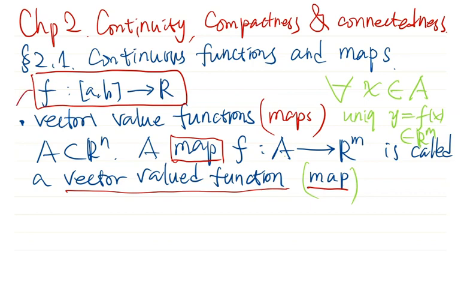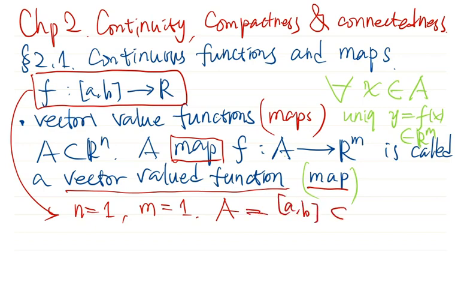Okay. So the previously studied function is a very simple case of the function considered here. For this case, n is 1, m is also 1, and A is an interval (a, b), which is a subset of R. So this function has one independent variable and one dependent variable.